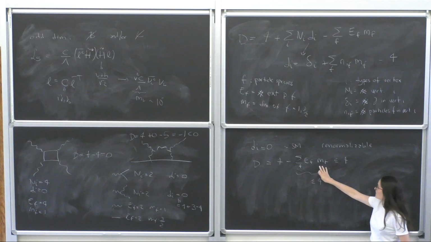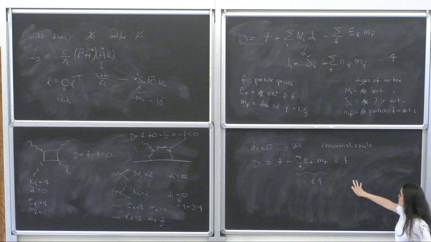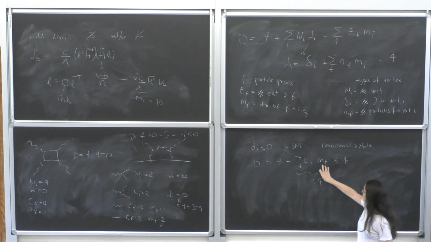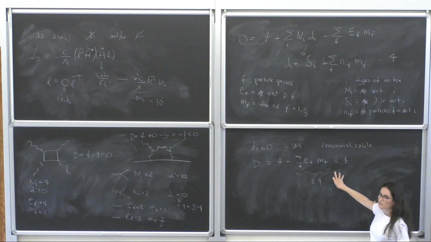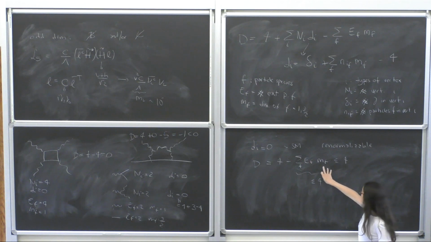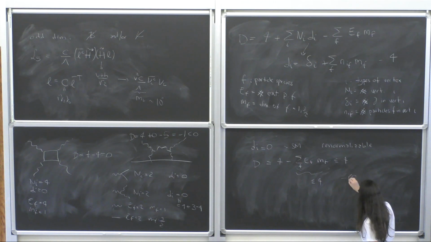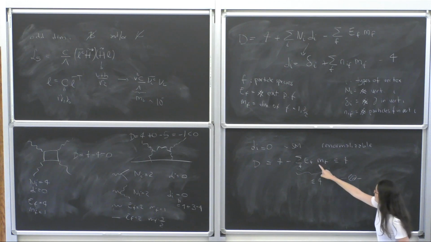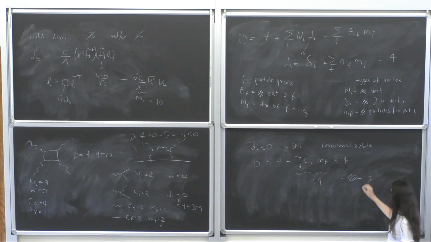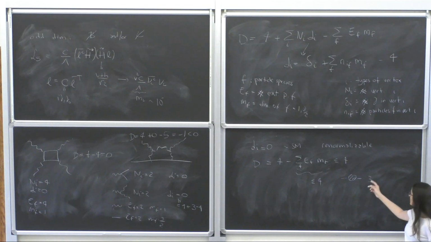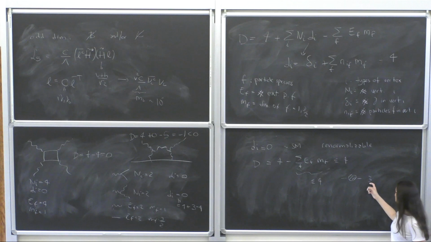So if you know what kind of fields you have, for instance, if you want to have fermions, each of them will have dimension 3/2. So if you have 2 fermions that are external, this quantity in the brackets will already be 3. If you add 2 more fermions, this is greater than 4, so it's already okay.